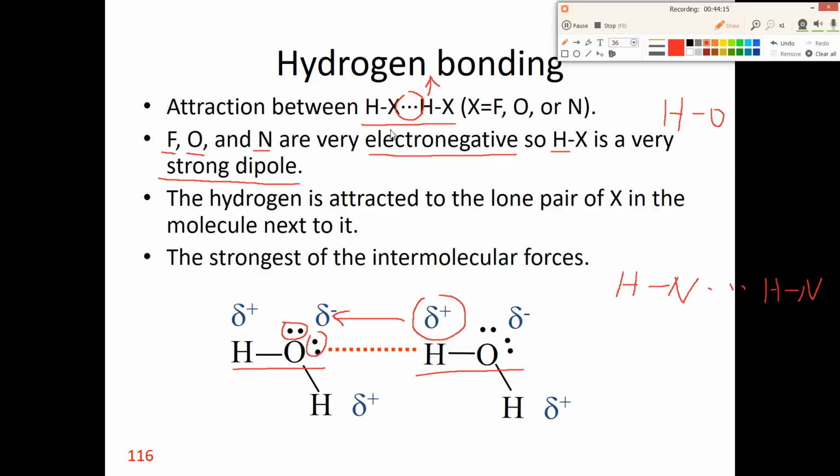So the origin of hydrogen bonding is the lone pair on fluorine, oxygen, and nitrogen. It's also the lone pair on, for example, ammonia. It's a lone pair on nitrogen.